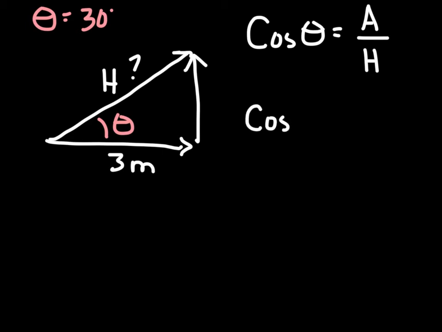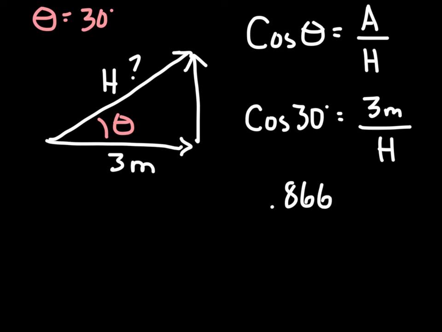So you write in what you know. Cosine 30 is equal to the adjacent side, which we know is 3 meters, and we don't know our hypotenuse. So by looking at our calculator in degree mode, we see that the cosine of 30 degrees is 0.866.